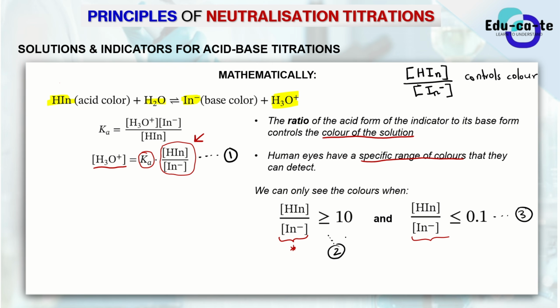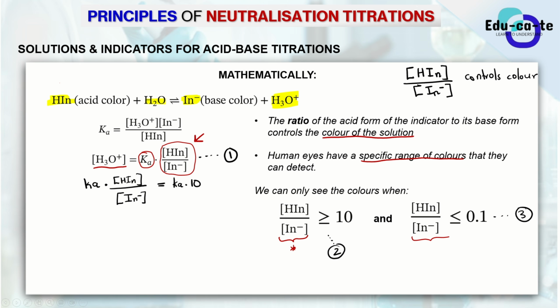When you look at equation 2 and equation 1, if we multiply by Ka on both sides of equation 2, Ka multiplied by the ratio of HIn over In minus is going to give us Ka multiplied by 10.